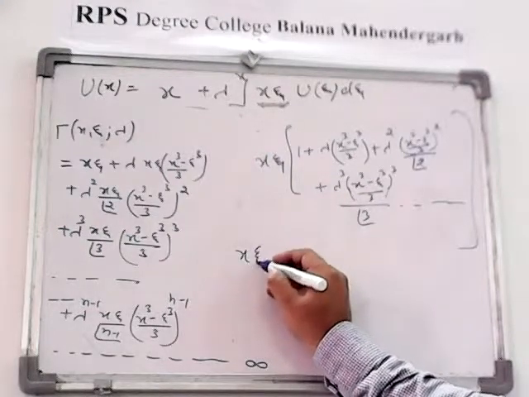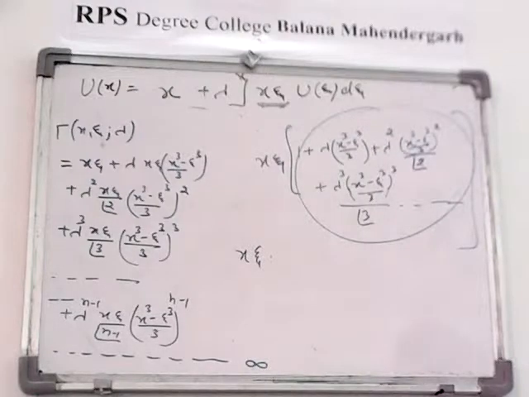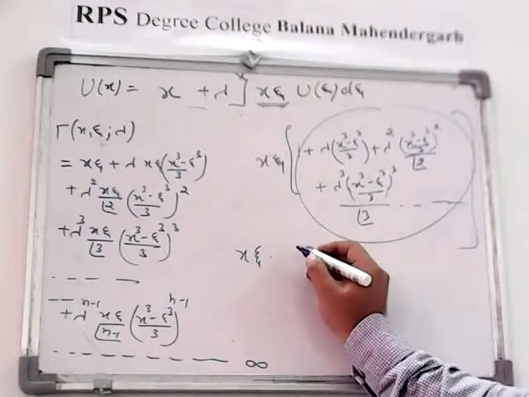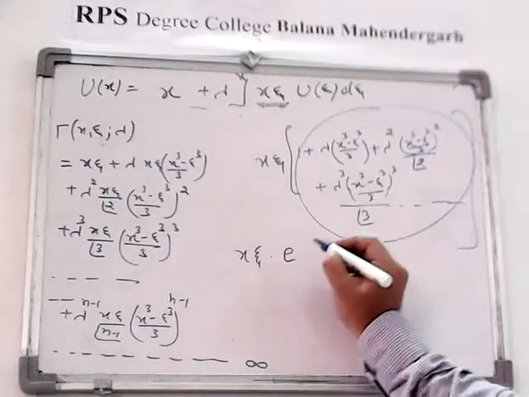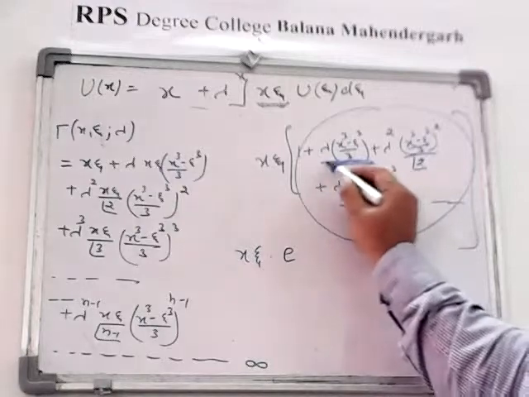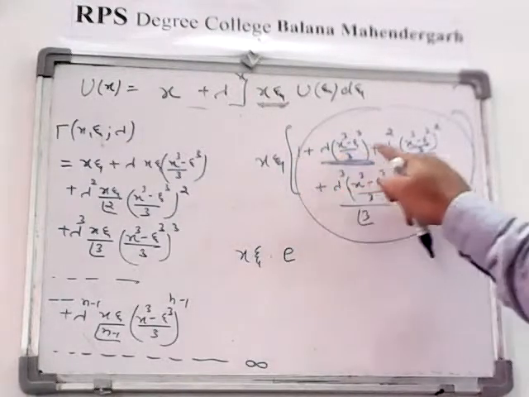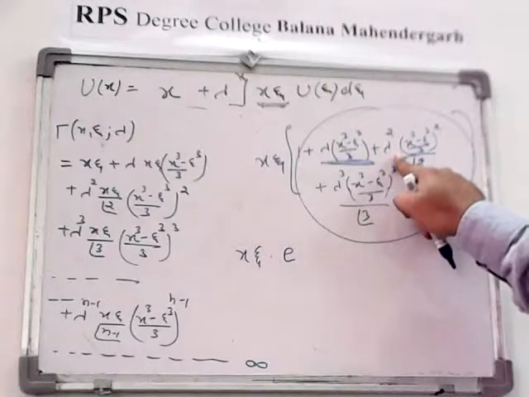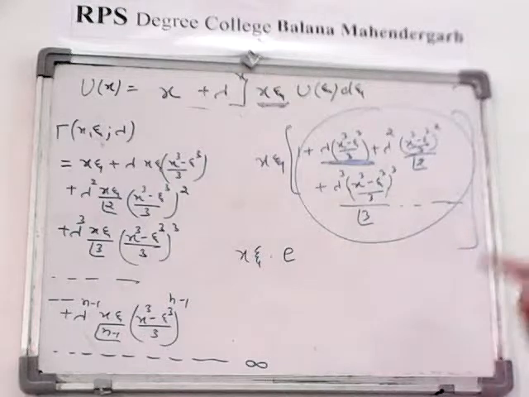This is the expansion of e raised to power a. Take this number as a, so we have 1 plus a plus a square by 2 factorial plus a cube by 3 factorial, and so on up to infinity.